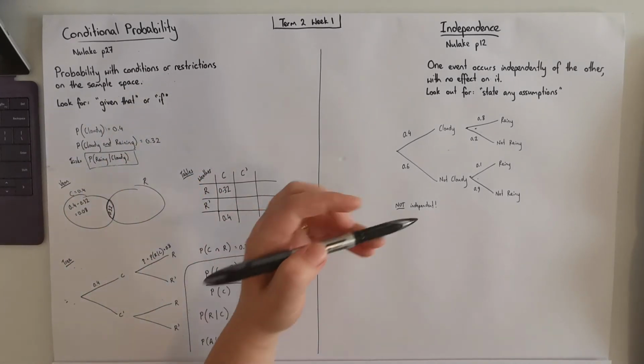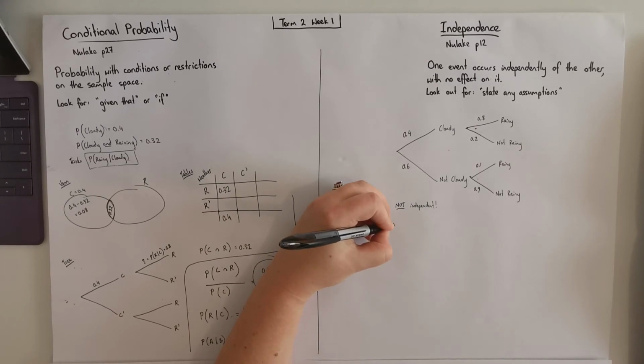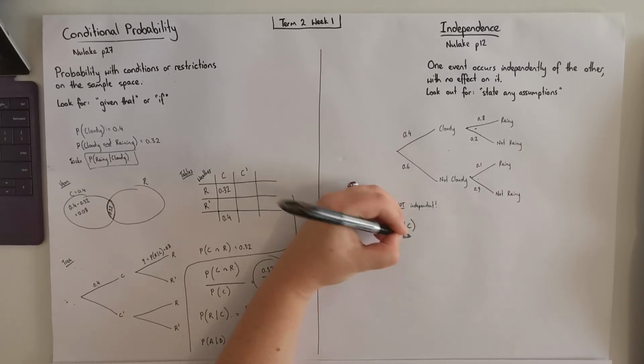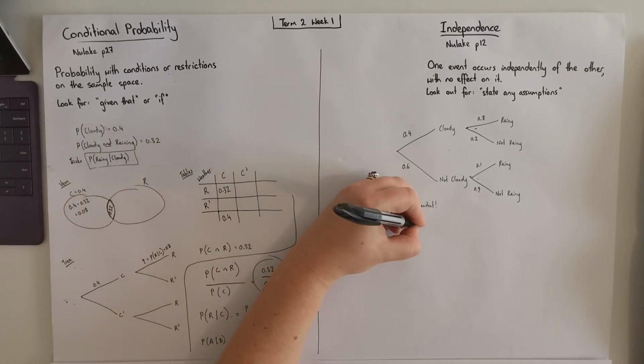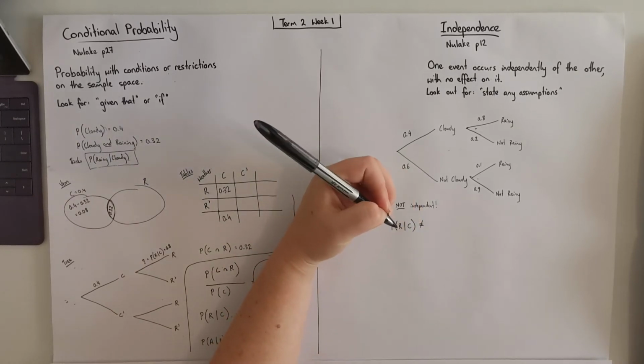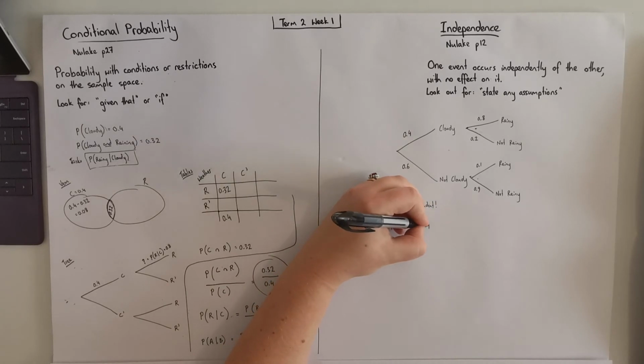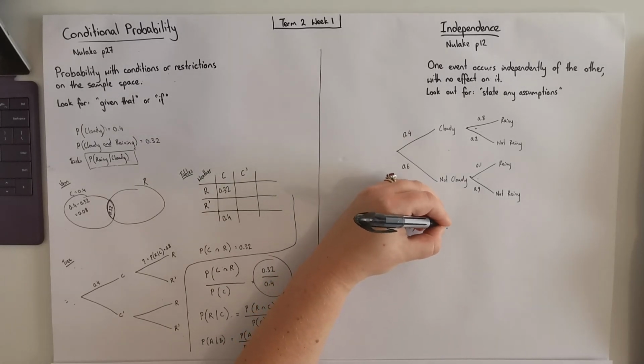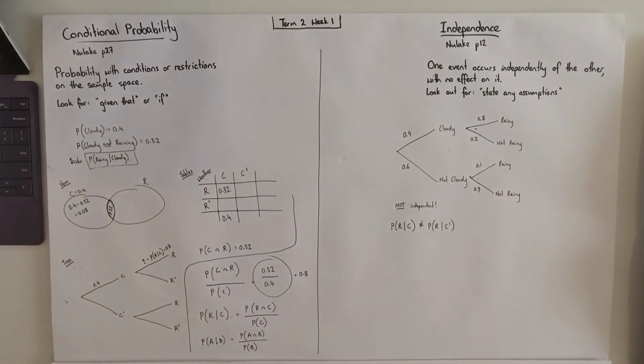So basically, what I'm saying is that the probability of it being a rainy day, given that it's cloudy, is not going to be equal to the probability of it raining, given that it's not cloudy, or the complement of it being cloudy.